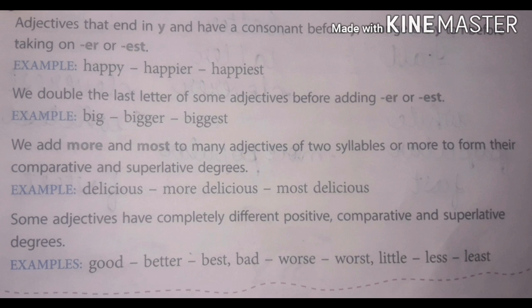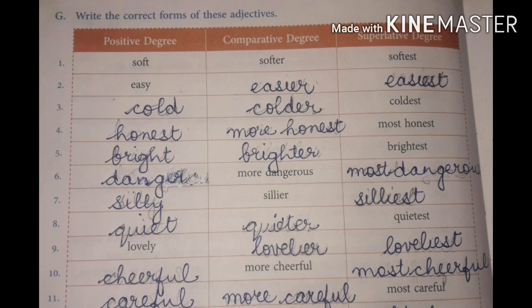And little, the comparative degree is less and the superlative degree is least. So you have to remember these words and don't apply the rule told to you for comparison of adjectives to these words.